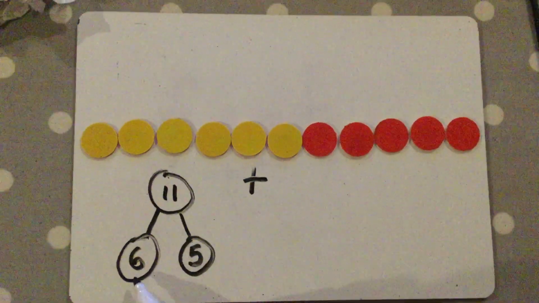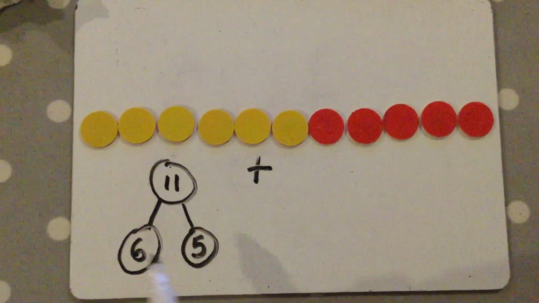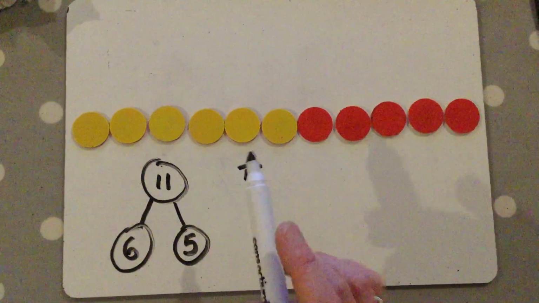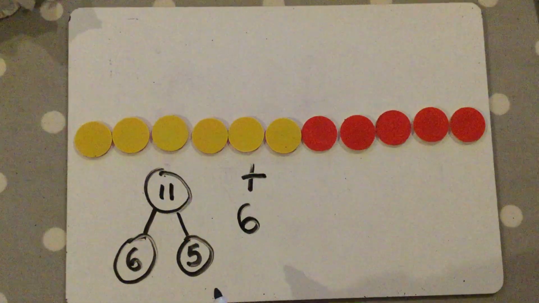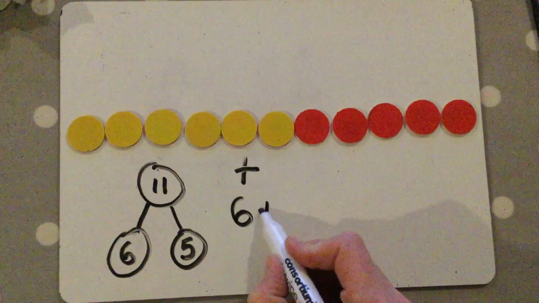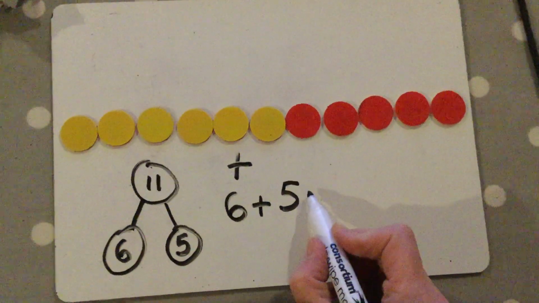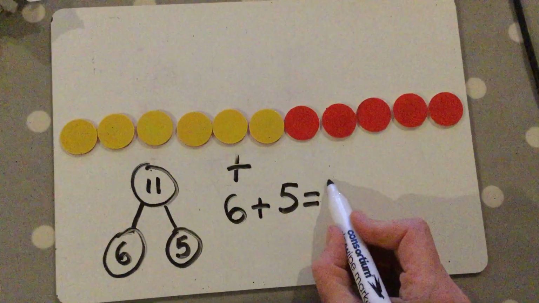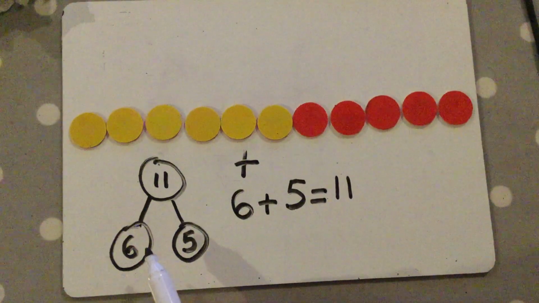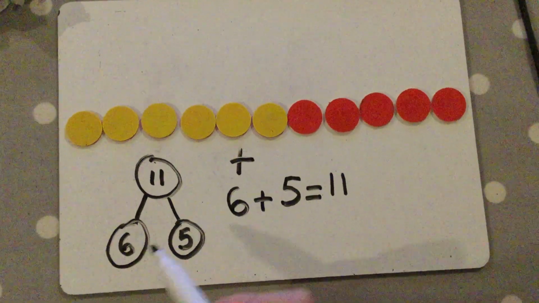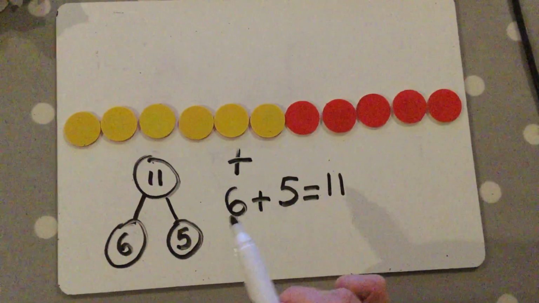So if I was to write a number sentence to match this picture, I could say 6 yellow counters add 5 red counters is equal to 11 counters in total. So 6 yellow, 5 red, 11 in total.